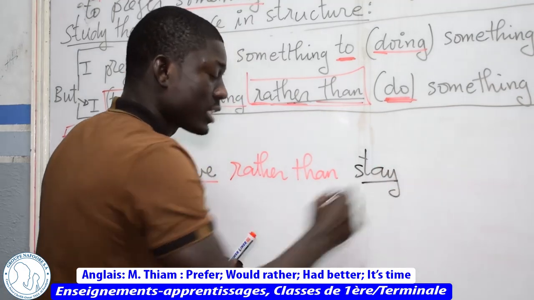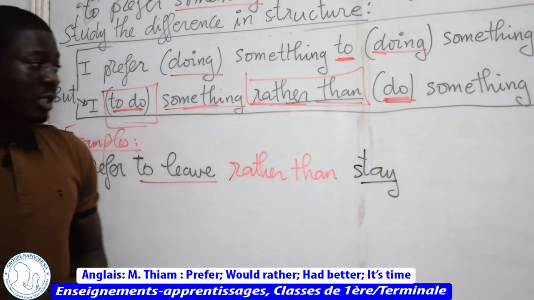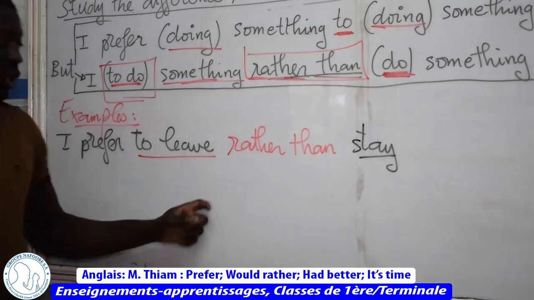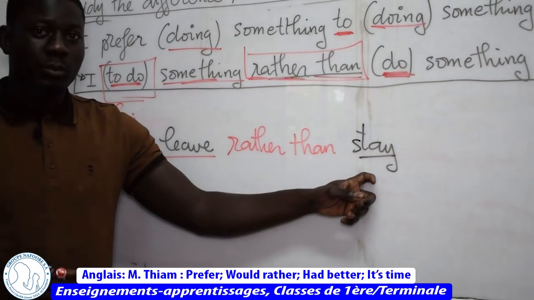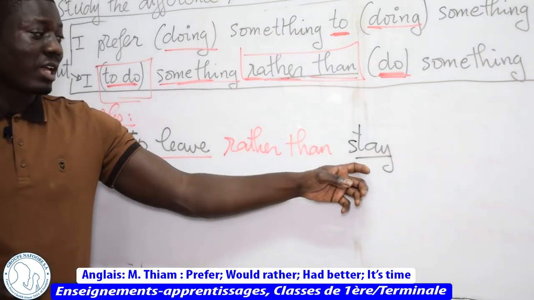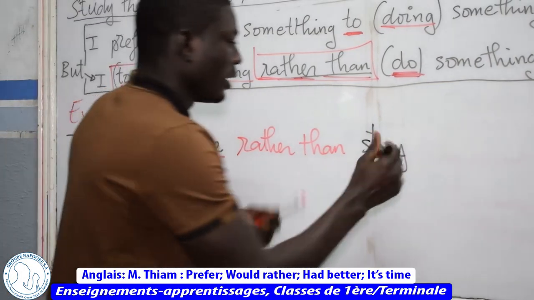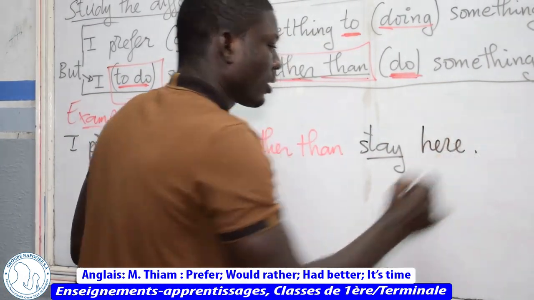Be careful. Some students seldom make this mistake. Don't make the mistake of using the infinitive form here. No. We won't be having the infinitive form here. We'll have the base form here. Understand that? All right. So, rather than stay here. Okay?